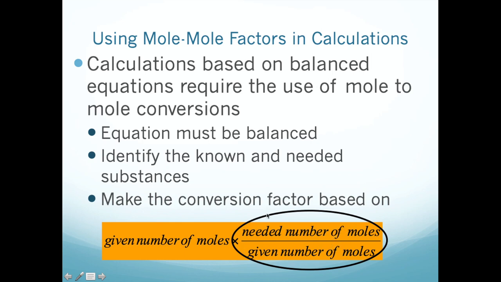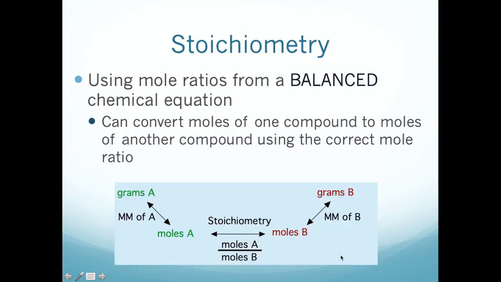So make sure you put the coefficients of those chemicals in that order so that the moles of those chemicals cancel out accordingly. Like I said, this is the heart of every stoichiometry problem. This is going to be that central step.